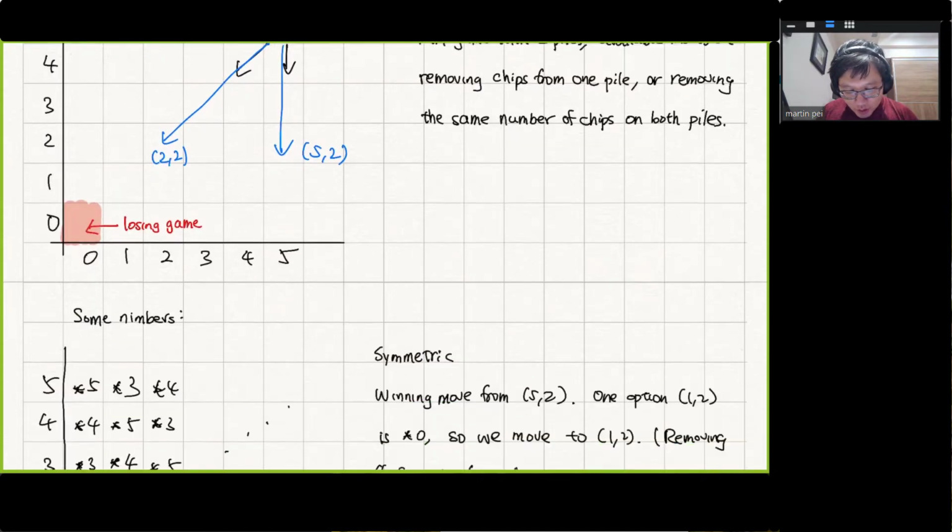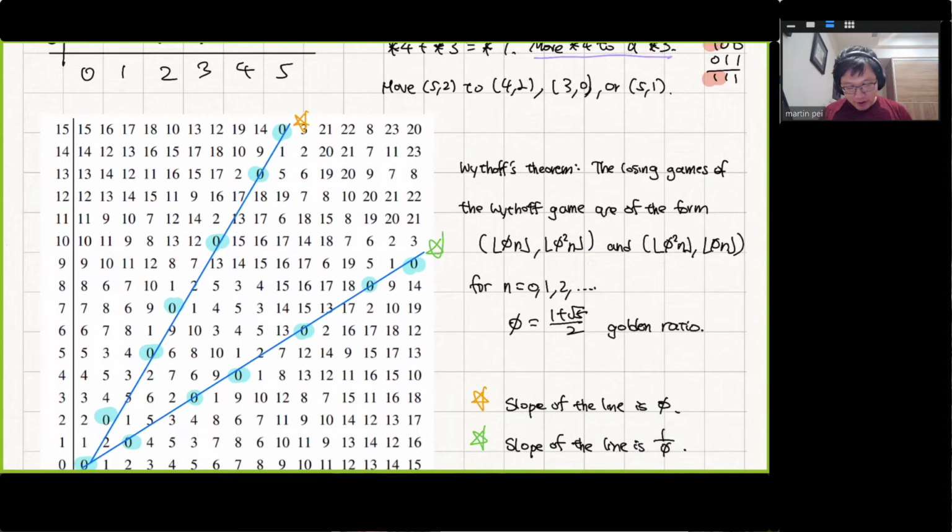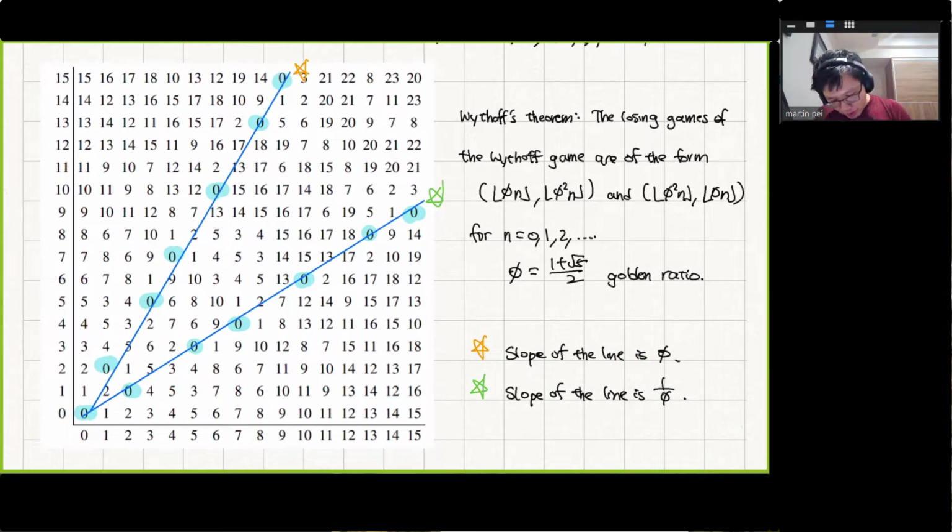We had this chart here. If you look at this location here, if I have 3, 2, to move to 0, I can either move here or move here. So that's 2 ways of getting to 0. In this case, there is actually an even number of winning moves for this particular game. That is the sneaky part, and most people got that wrong as well.